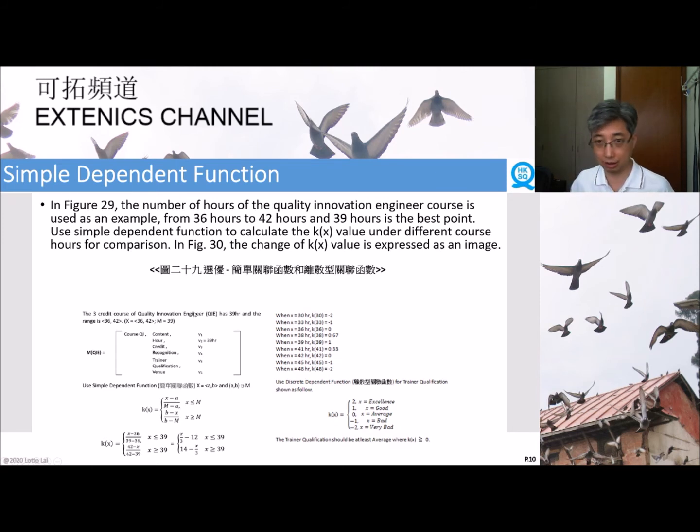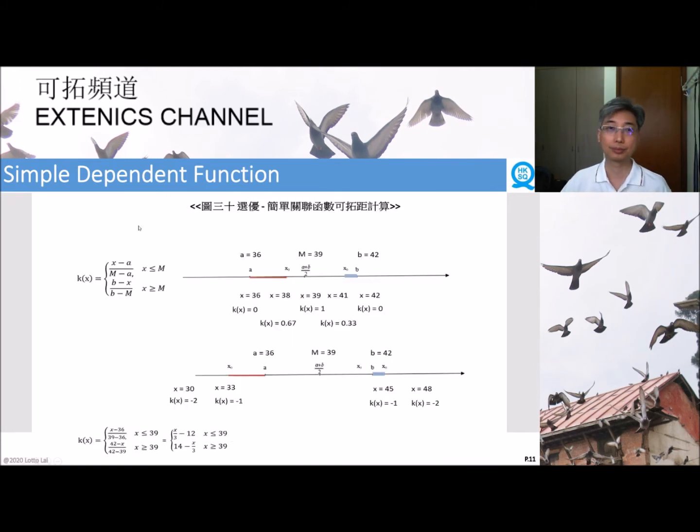In the next diagram we show it in an image, so it's clearer to see this calculation. For example, the line minimum is 13.6 hours and the maximum is 24 hours, with the middle point in between. If the hours of your training course design are below the middle point, use the top equation. If it is larger than the middle point, use the bottom equation.